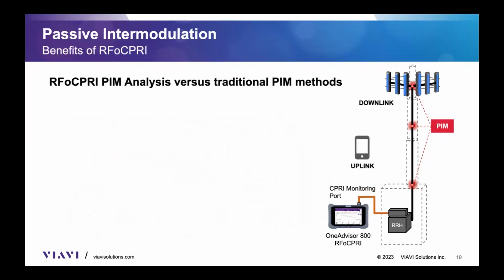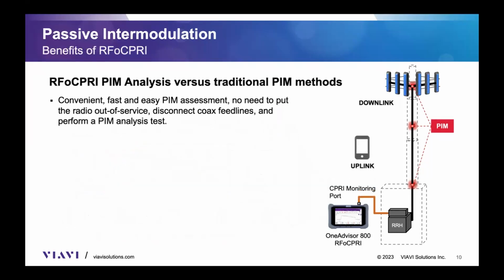Okay, so a quick comparison in terms of these 2 methodologies. RFoCPRI is certainly more convenient because it's faster. We just tap into the CPRI link. We lock the radio for a couple of minutes just to have that monitoring port, and the radio can still be transmitting normally.